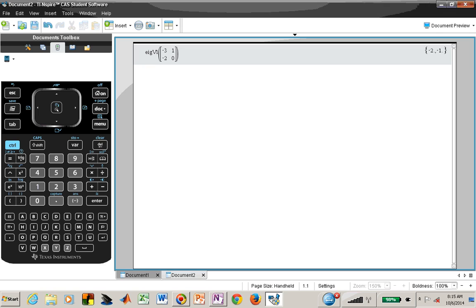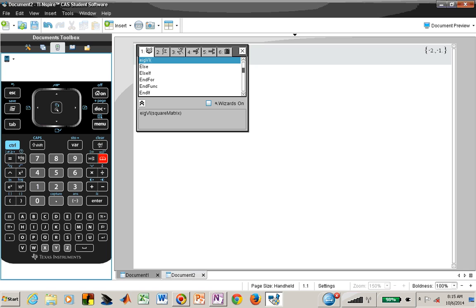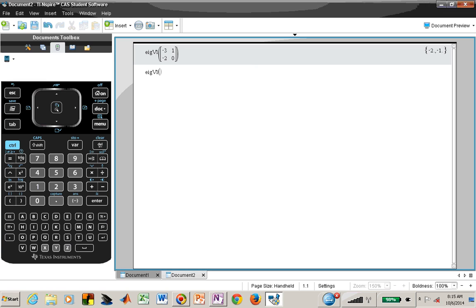I did that before class because I was not very good at it in real time, so I went ahead and typed it in before I converted my laptop into a tablet and had to do it with a stylus. Here is eigenvalue of that matrix, and you could find it if you just look in your dictionary of functions, and it's right there. Now I just hit enter, and then you have to remember to find the square bracket, and then it's not that big of a deal if you can get the right numbers.